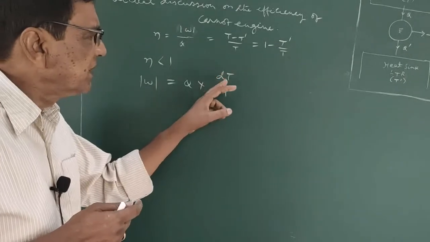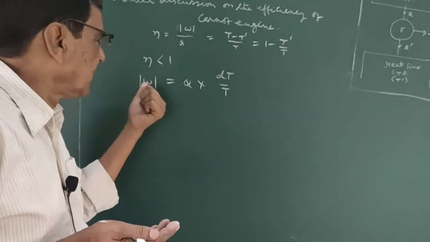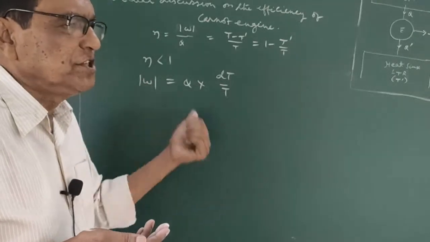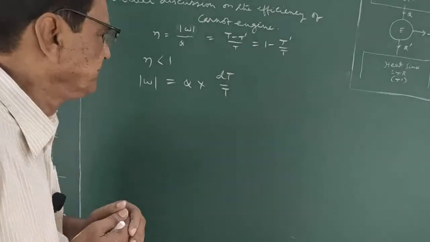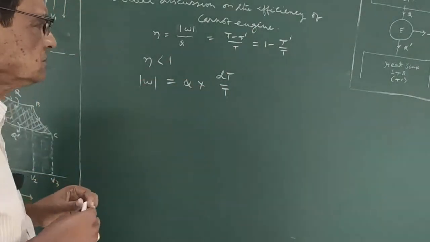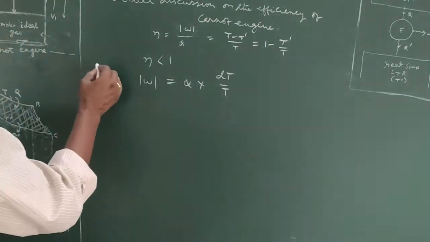Means from dT by T fraction of the heat supplied, we can get the amount of work done by this engine in the Carnot cycle. And this is the seventh one.